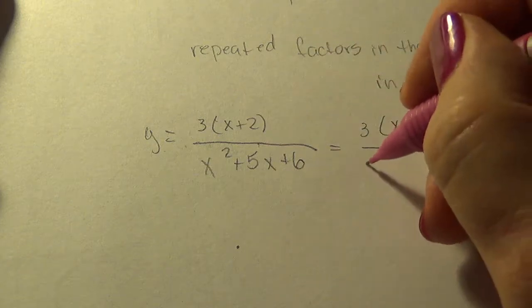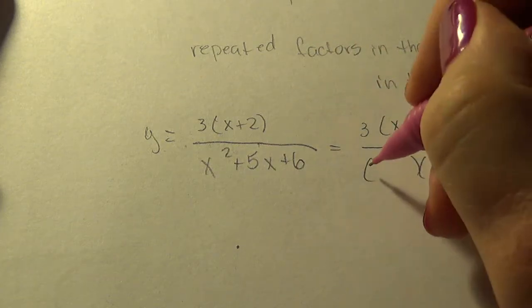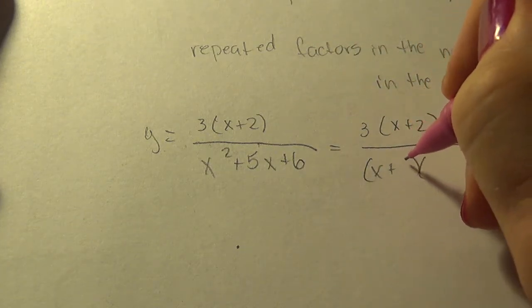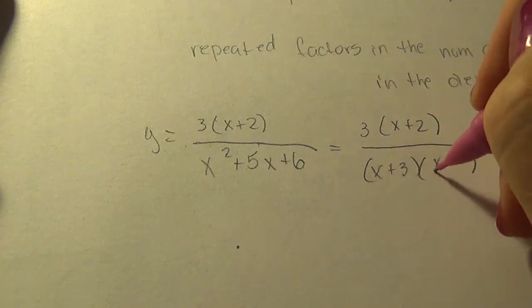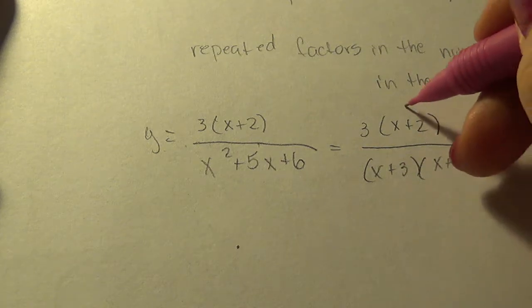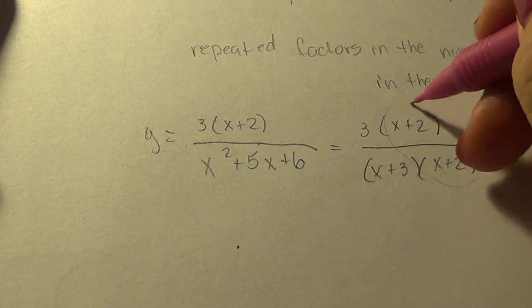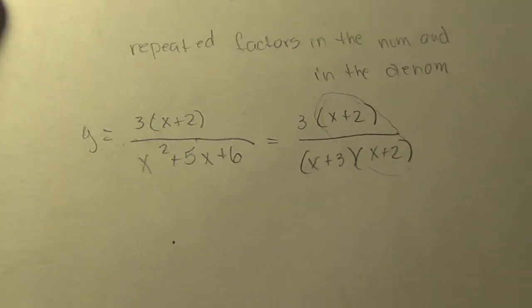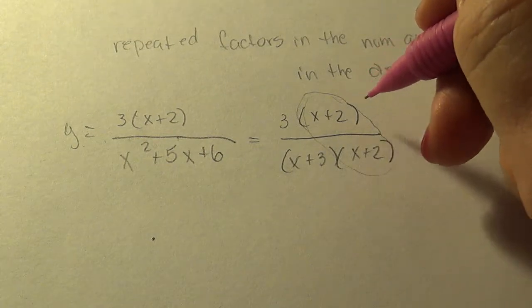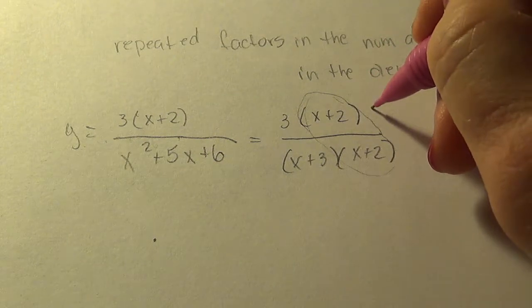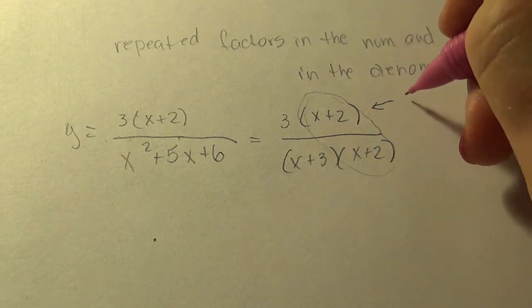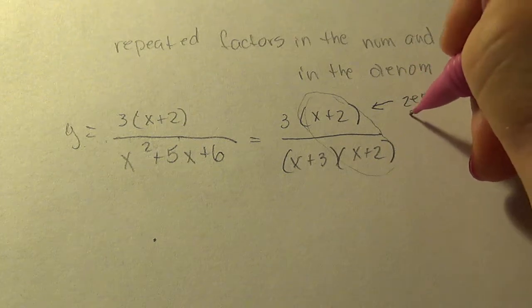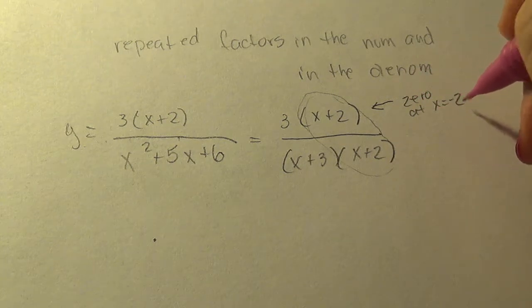We factor the bottom and we get x plus 3, x plus 2. Now you see the repeated factors. Now, we already discussed that zeros are when the numerator equals 0. So this would mean there's a 0 at x equals minus 2.